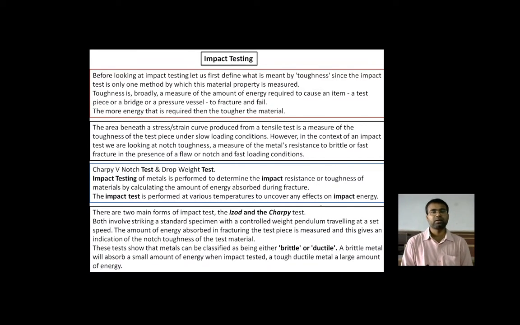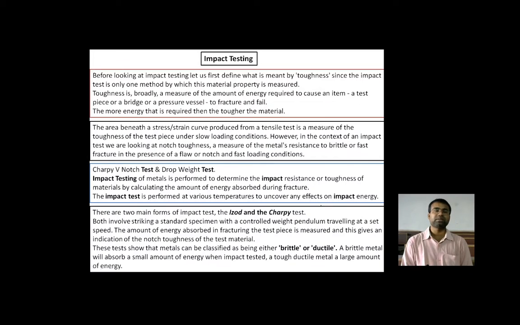As you can say, it absorbs energy till its fracture. The impact test is the only method by which this property is measured. So what is toughness? How tough that material is to resist the sudden load, impact load.